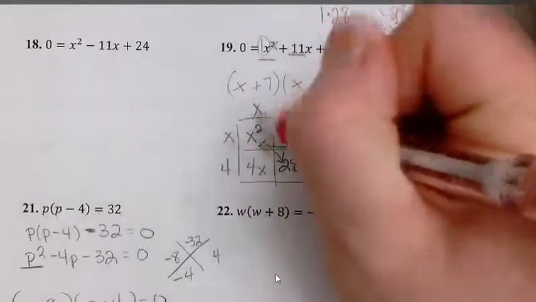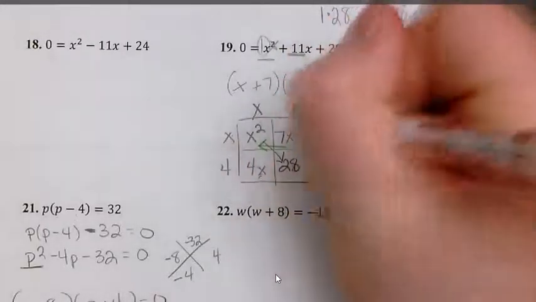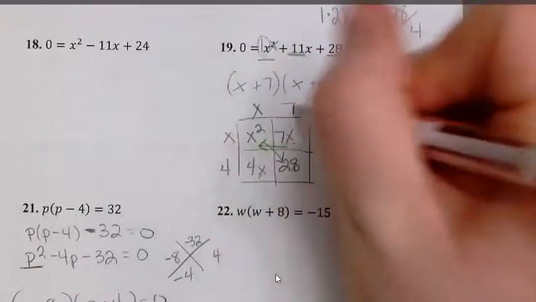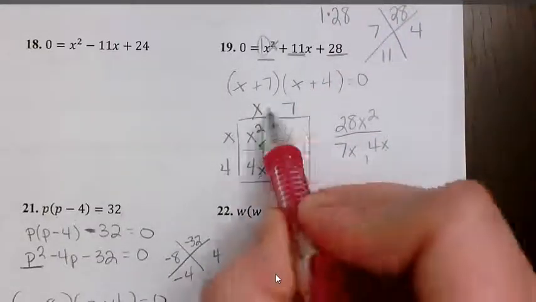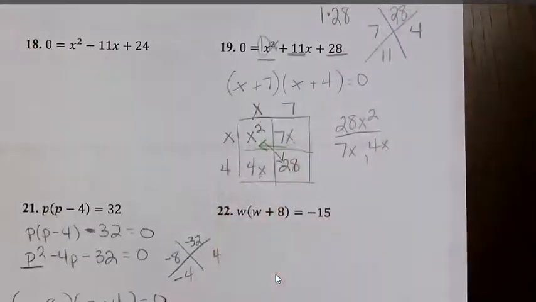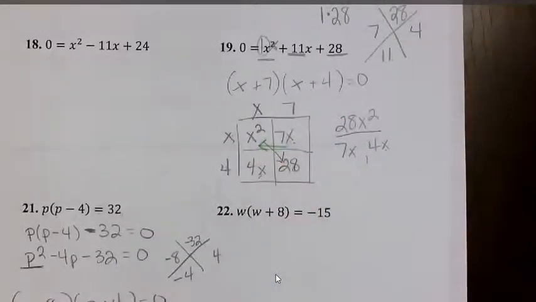X, and 4 times x is 4x. What times x gets you 7x? 7. 4 times 7 is 28, so I know I did it right. And these are my two factors, as you can see up above. And you just set them equal to 0. The original method I did on this whole worksheet would be a faster method to use.